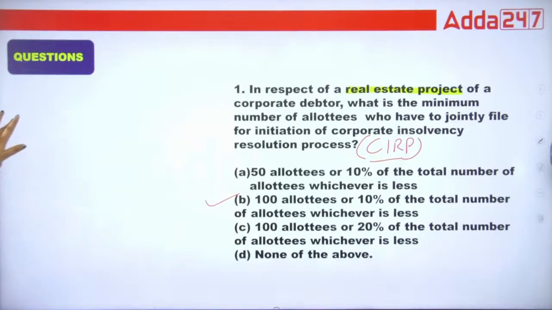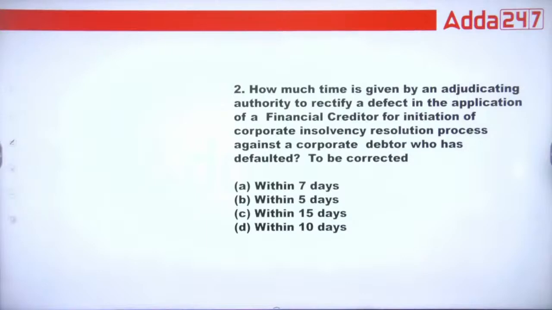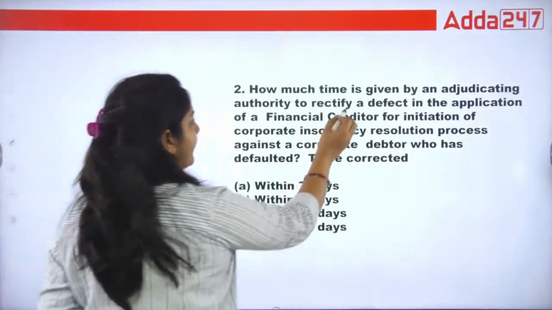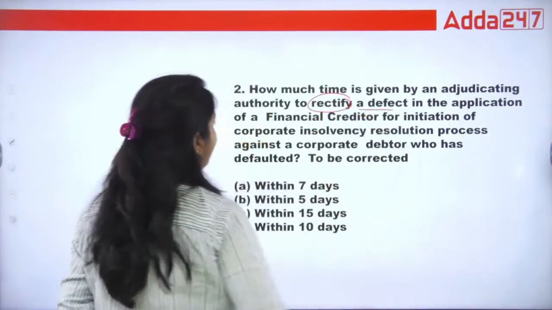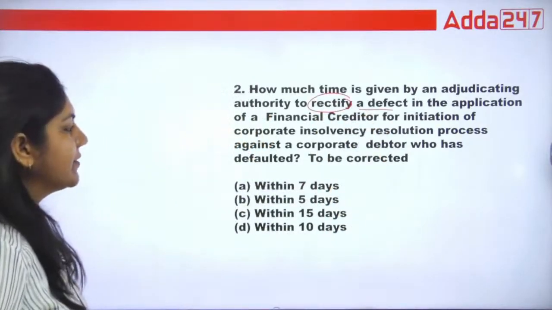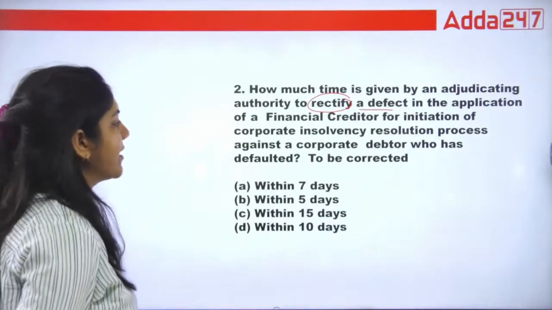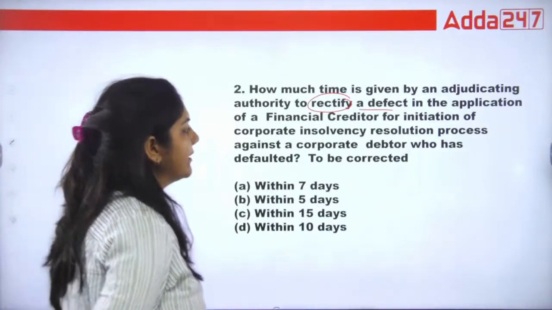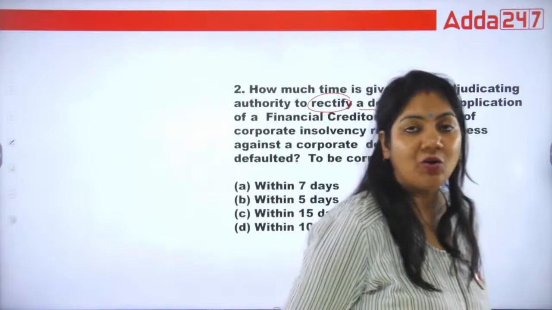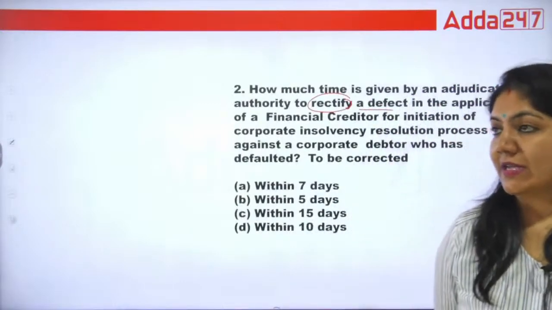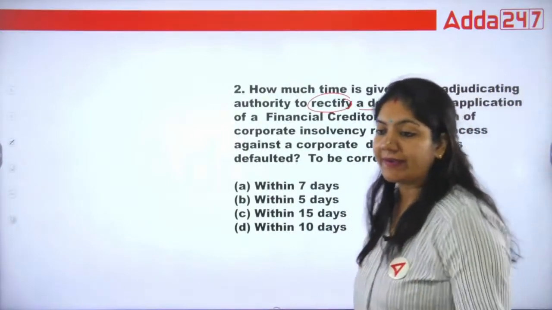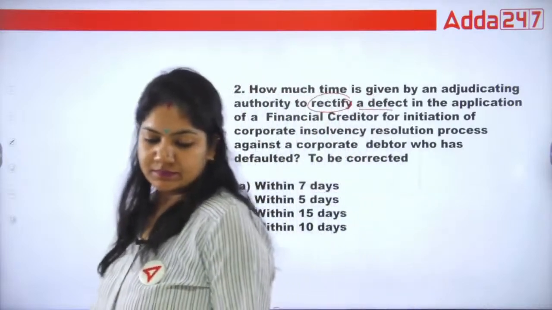Next. How much time is given by the adjudicating authority to rectify the defect in the application of a financial creditor for initiation of CIRP against a corporate debtor who has defaulted? It means in how many days will the adjudicating authority give to rectify this? Tell me.